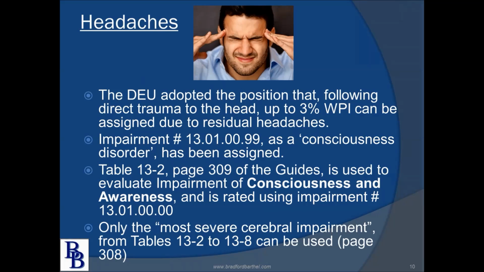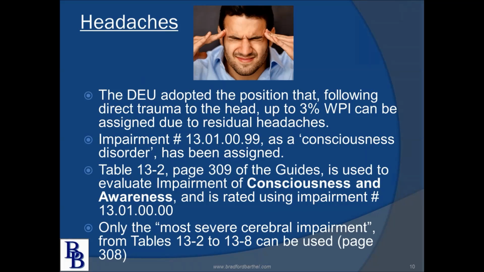Well, what about headaches? A few years back, the DEU also decided that, since doctors are offering pain for headaches, what do we do about that? They decided that, yes, indeed, up to 3% for headaches without objective findings can be added. For it to be appropriately assigned as a headache, there should have been direct trauma to the head.